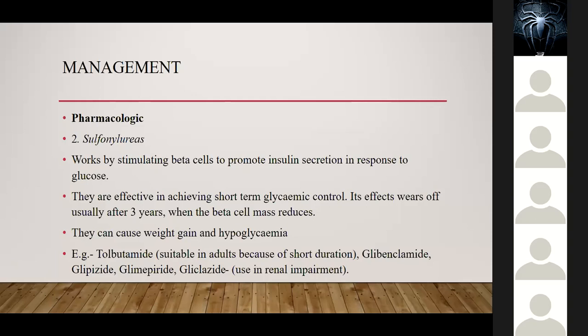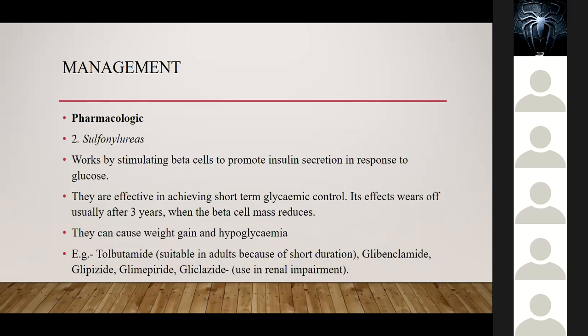And we are saying that sulfonylureas, their effects will usually wear off after 3 years. Why? Because as I told you, as the person has diabetes for some time, the beta cells of the pancreas will eventually reduce in mass, okay? And so the production of insulin will be reduced. So you'll be giving sulfonylureas, but the sugars will still be high.